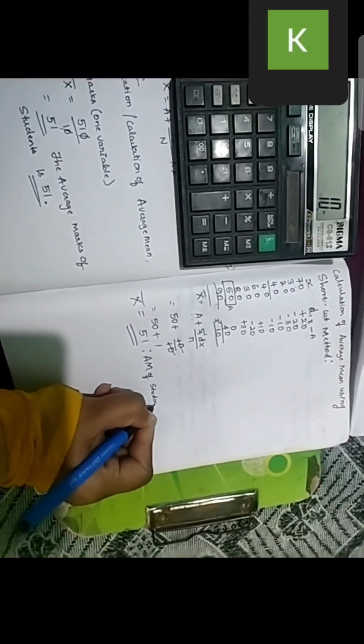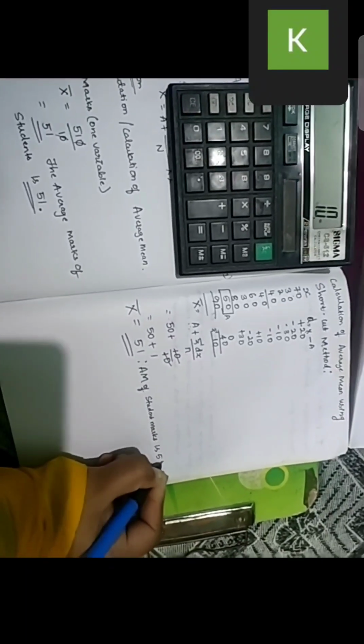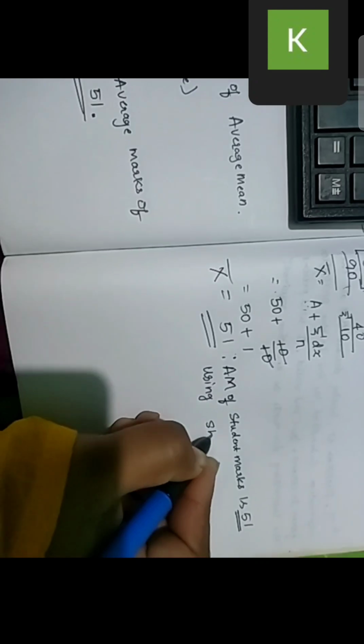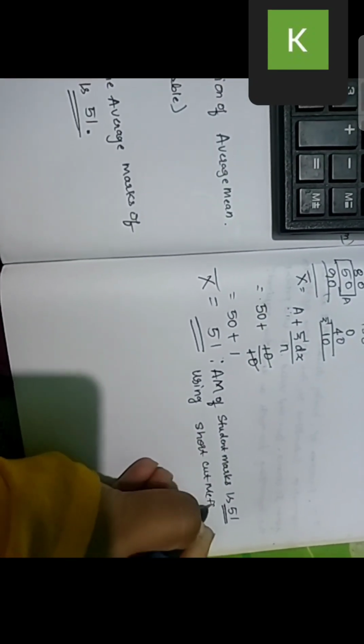The average mean of student marks is 51 using the shortcut method.